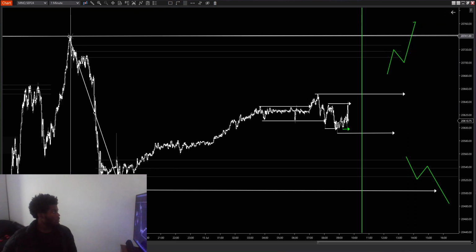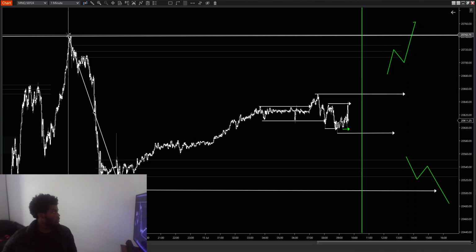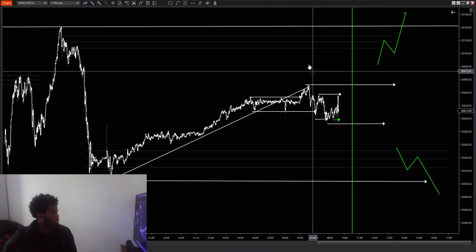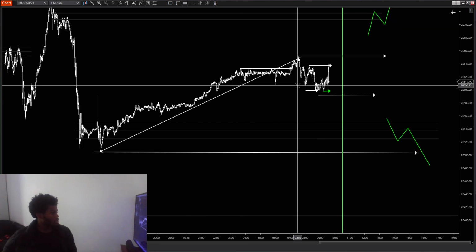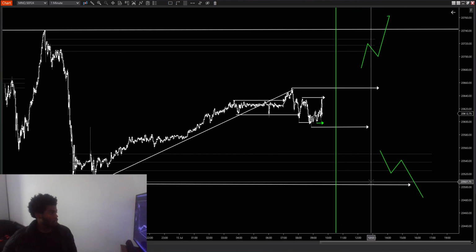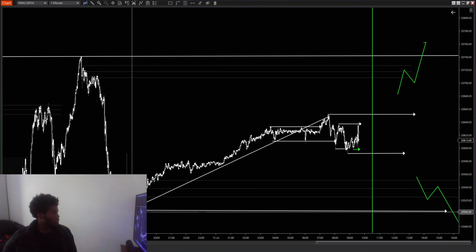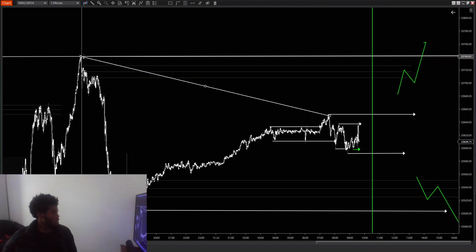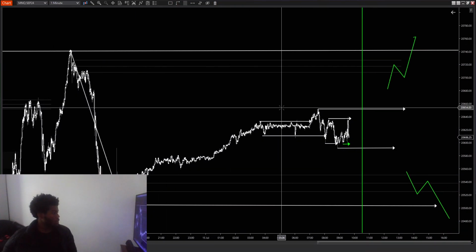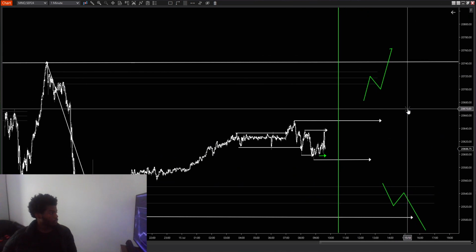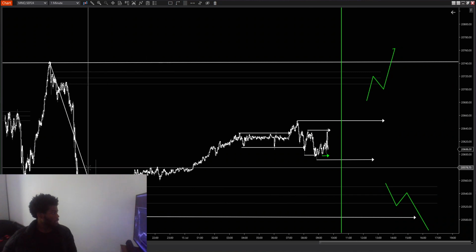We know that, hold on, this range here becomes the previous range. From this high to this low becomes the previous range. In the event that we get a closure below, or a closure above, we know that then from this high to this low, the current range that we're in will be the previous range for price to move back into.